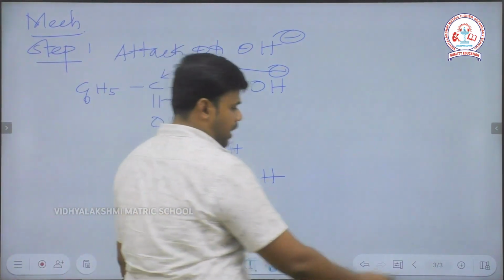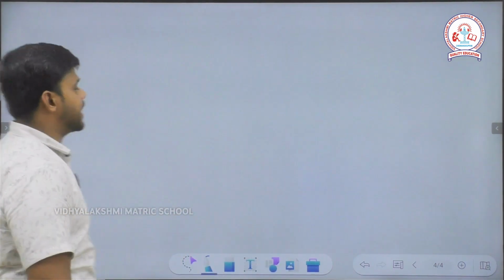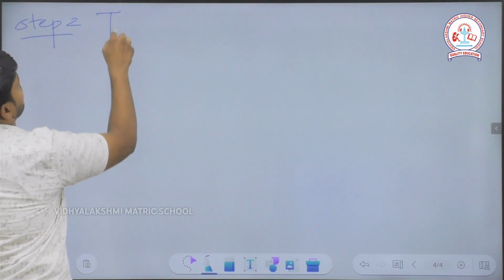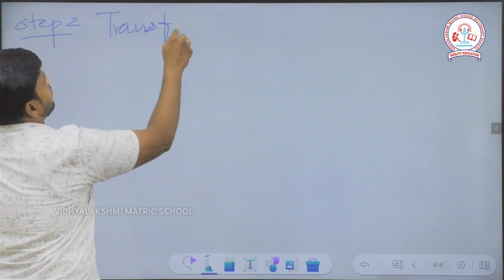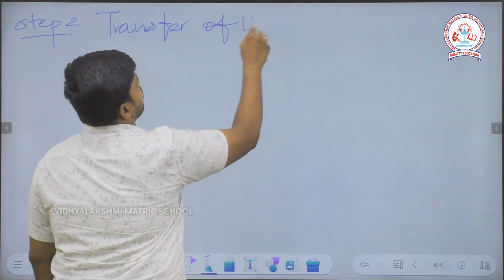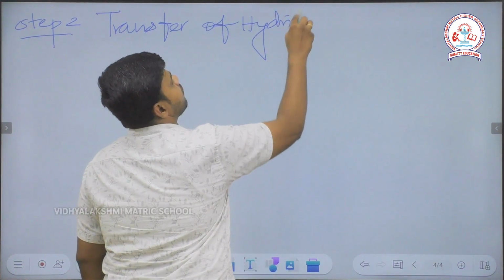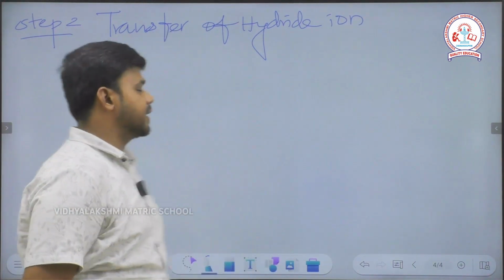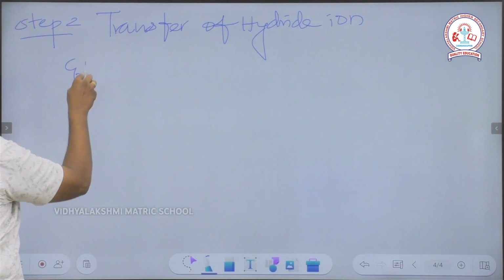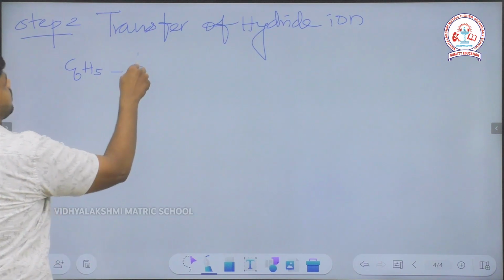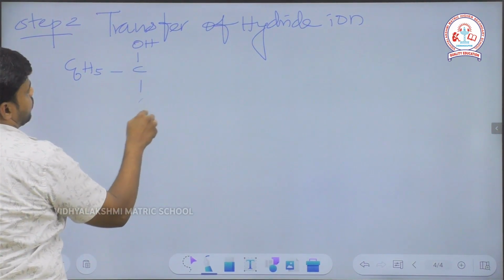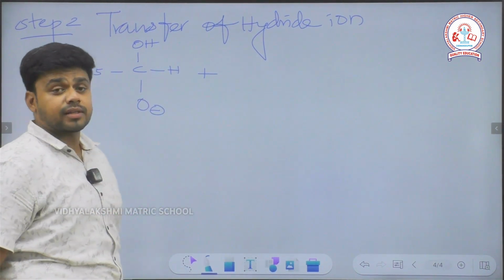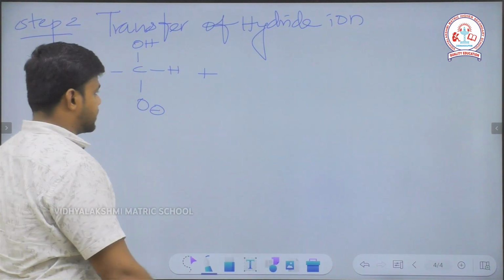The second step involves the transfer of a hydrogen. This step includes the second molecule of benzaldehyde. So C6H5, C, OH, O minus, then H. This is the first intermediate that we got in the very first step.